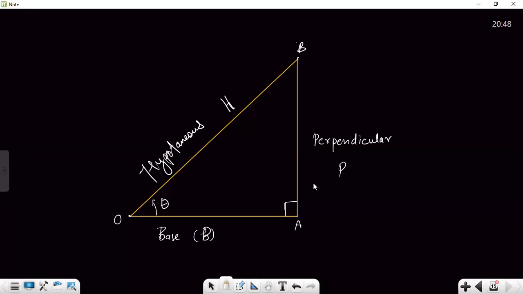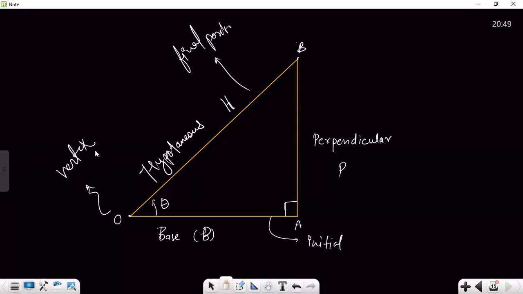Now, what we are doing here, actually, is just tracing the ray OA. The initial position of the ray was OA, and then it has moved to this position. It's the final position. And O is basically the vertex.